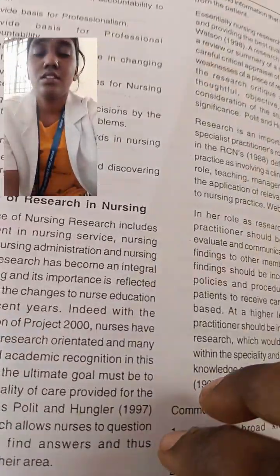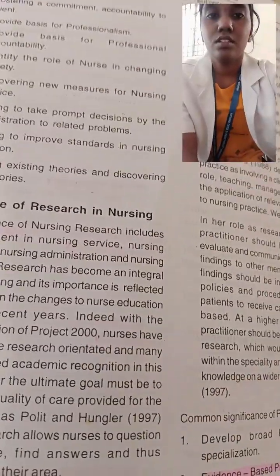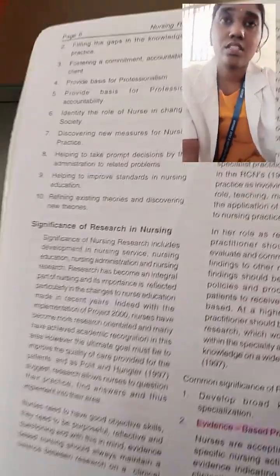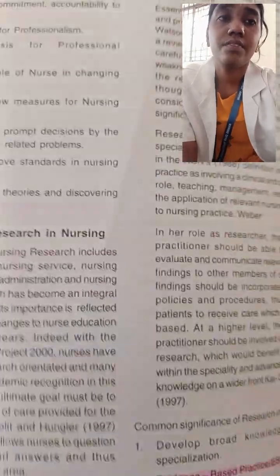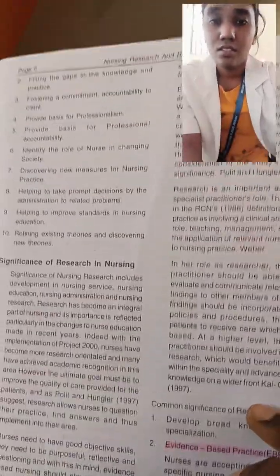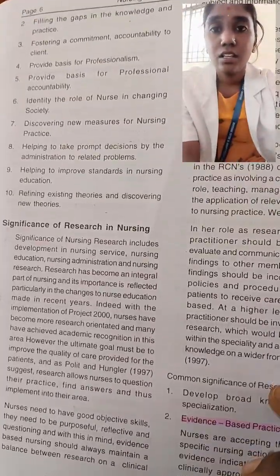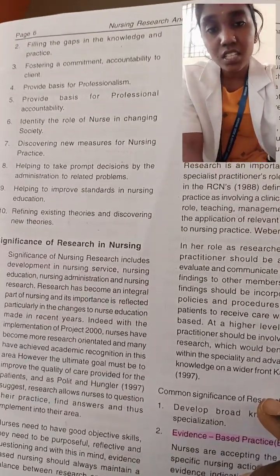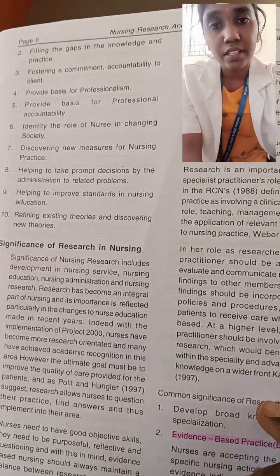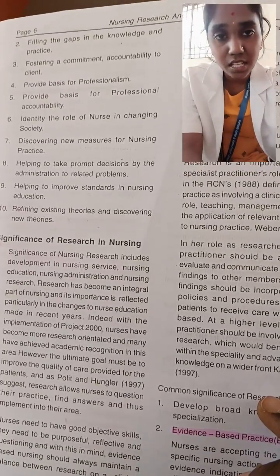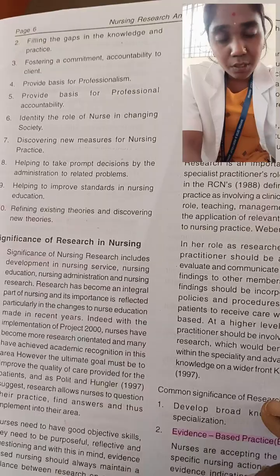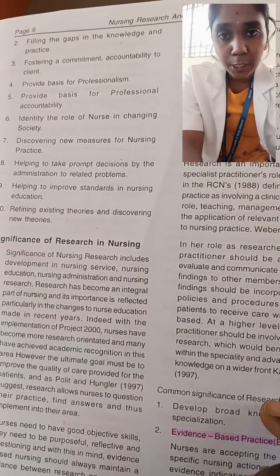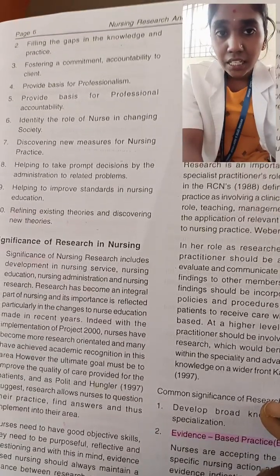Next coming to the second point. Second one, fill in the gaps in the knowledge and practice. If there are any gaps in the knowledge and practice, they are practicing, there will be some gaps because they don't know, and the gaps will be left like that only.